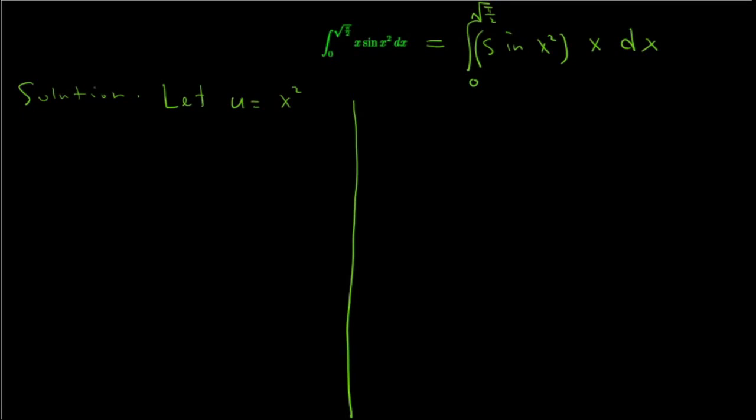I told you only one additional step. The next step is the same thing. You compute du, the differential of u. du is 2x, you differentiate the function, and then times dx.